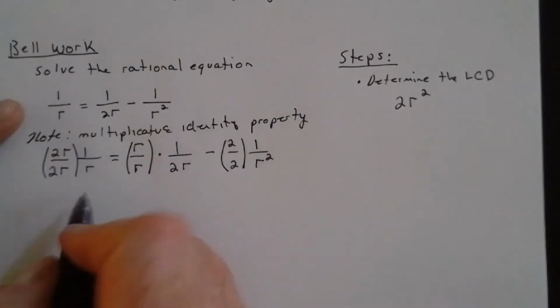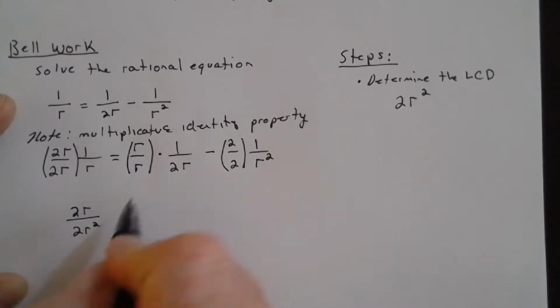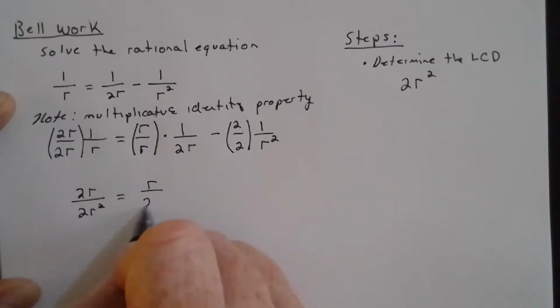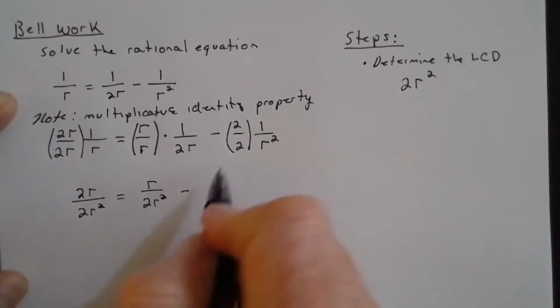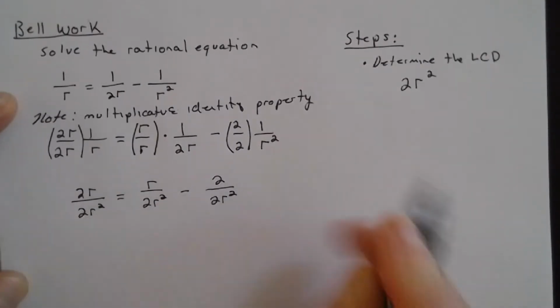And of course now we just multiply across. And so we have 2r over 2r squared is going to be equal to r over 2r squared minus 2 over 2r squared.